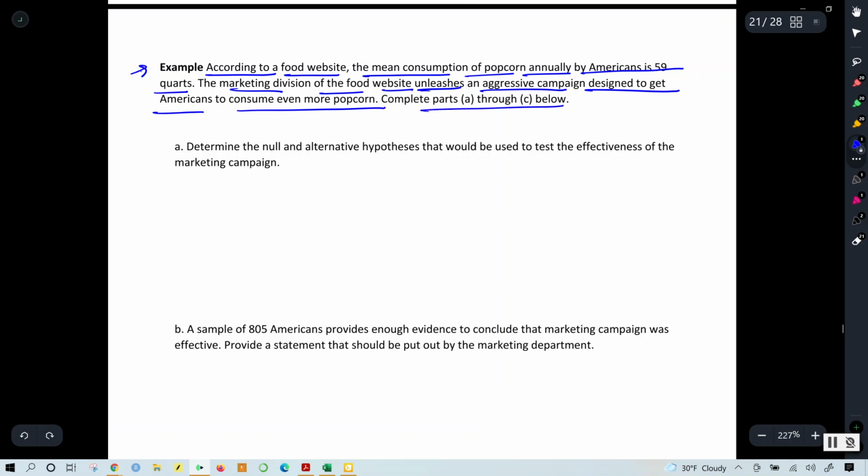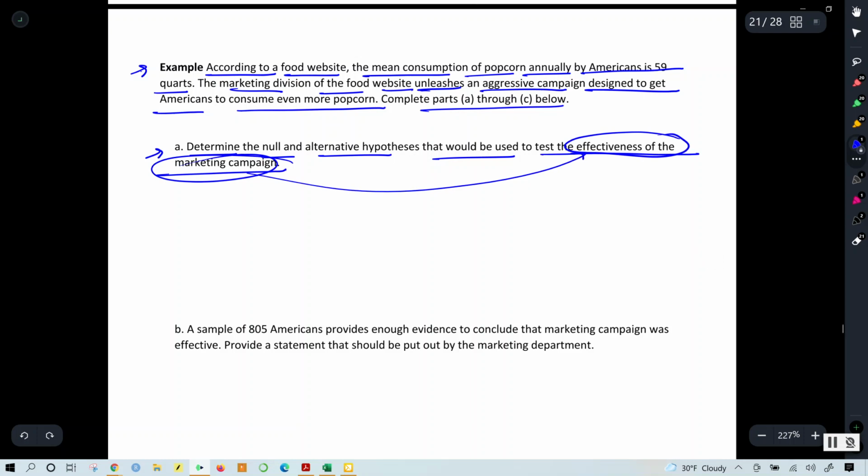Complete parts A through C below. Question A, determine the null and alternative hypothesis that would be used to test the effectiveness of the marketing campaign. If this is a marketing campaign and we want to test the effectiveness, that test hypothesis should always go to the alternative hypothesis, and that will be consistent with what we have done so far.